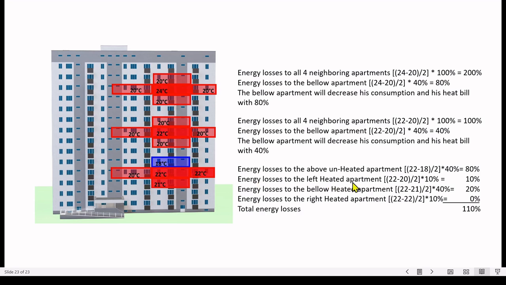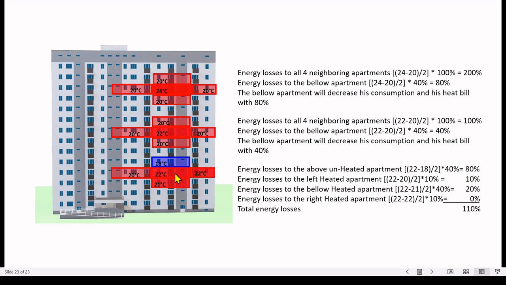Energy losses to the left apartment, the formula is this one, 10% is the ratio of area between them of the left wall, and the difference is 22 minus 20, and it's 10%.